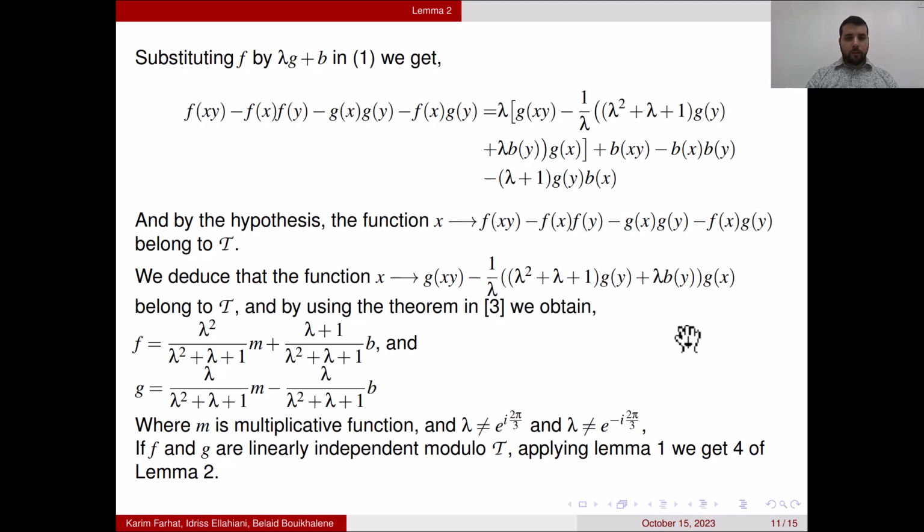Then 3 of lemma 2 is proved. Now if f and g are linearly independent modulo T, applying lemma 1, we get 4 of lemma 2.